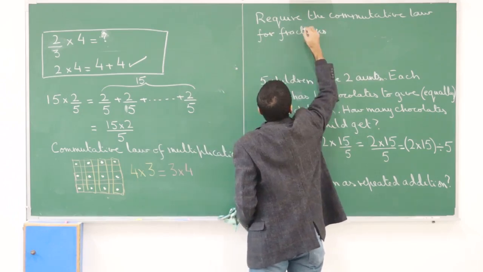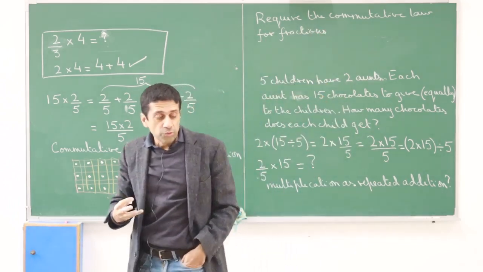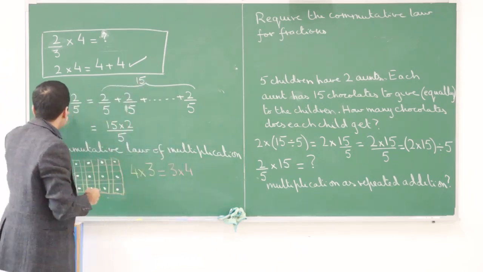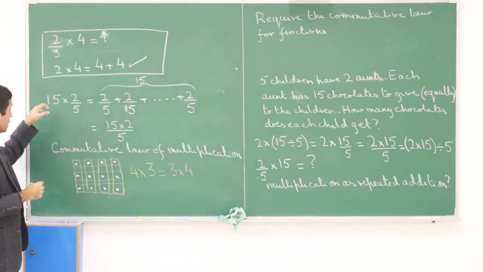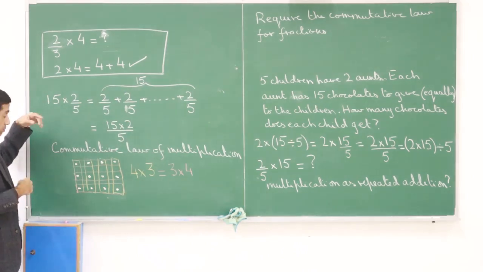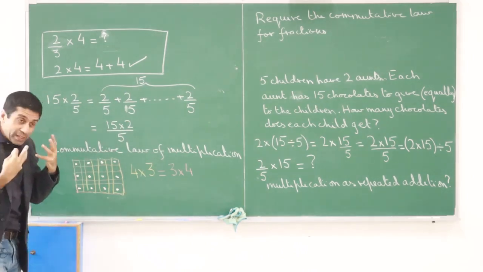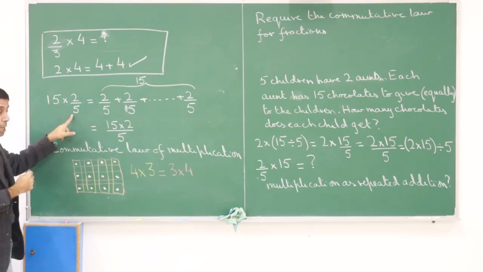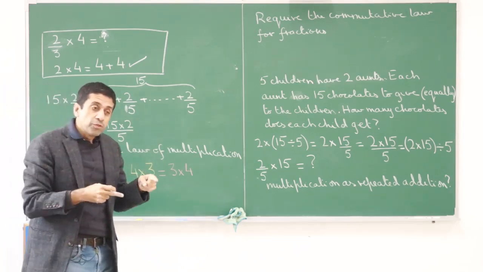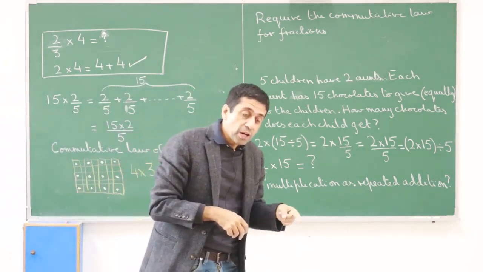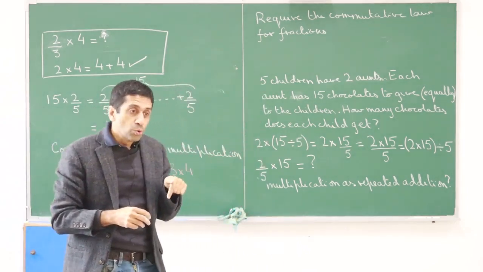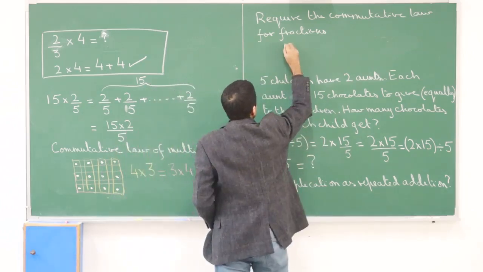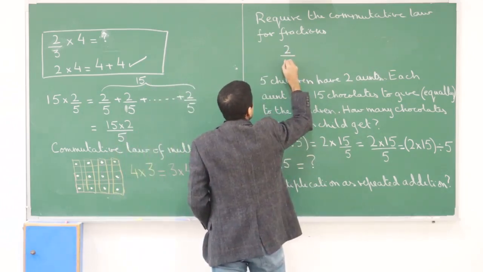So if we say the commutative law must be true for fractions, then what will turn out to be true is, we have just defined, with our addition interpretation, repeated multiplication is repeated addition, 15 multiplied by 2 over 5. But if 2 over 5 times 15 is equal to 15 times 2 over 5, then we've also figured out the answer to 2 over 5 times 15, right?